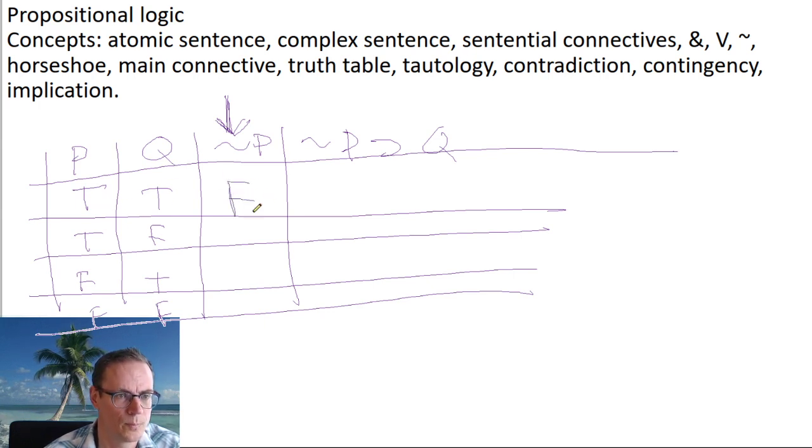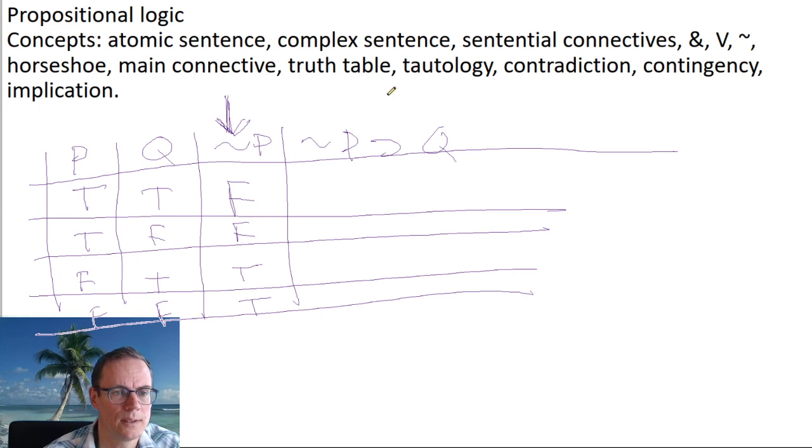False. Is it true or false if P is true? Still false. Is it true or false if P is false? True. Is it true or false if P is false? True. So basically, not P has the inverse truth value from P. It's flipped around. Putting a not in front of it flips it around.